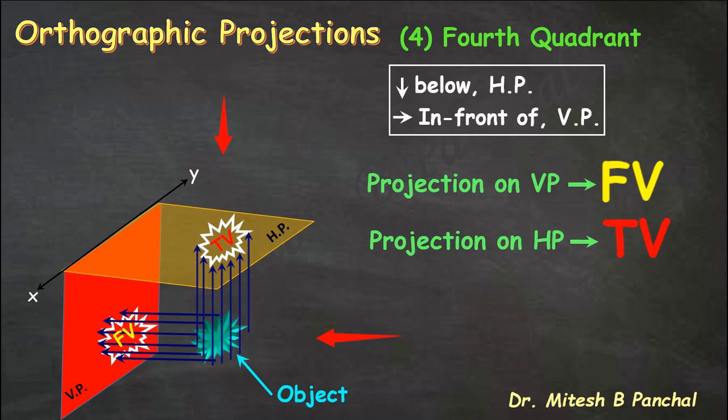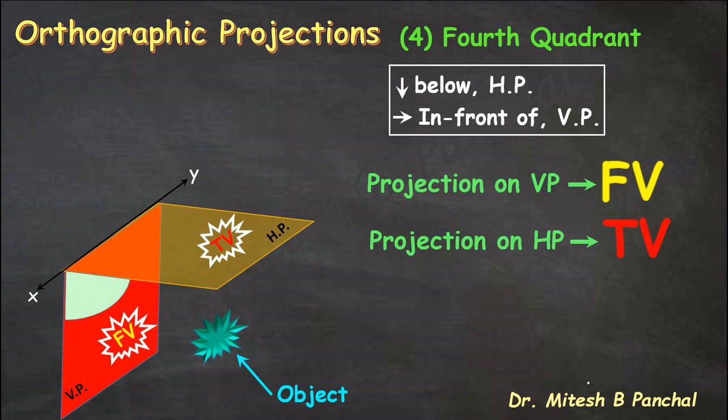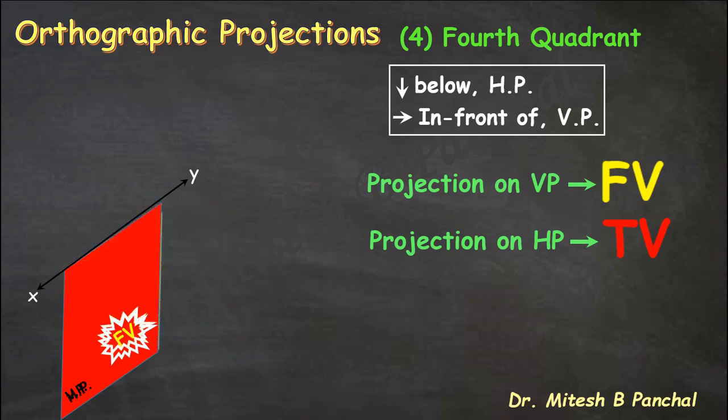Again, now we have to follow the same rule, that is VP will remain as it is and HP will rotate in clockwise direction by 90 degree. Okay, so the projections are on HP and VP, and HP is rotated 90 degree. So we will get the projection like this.